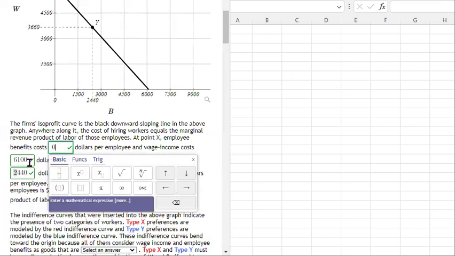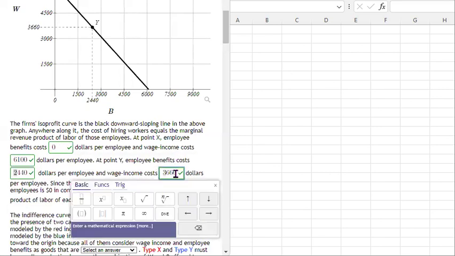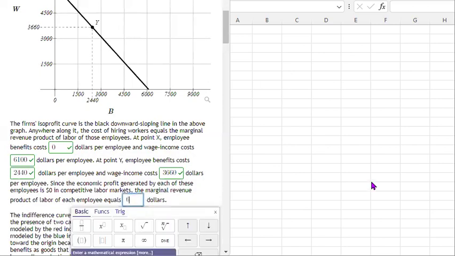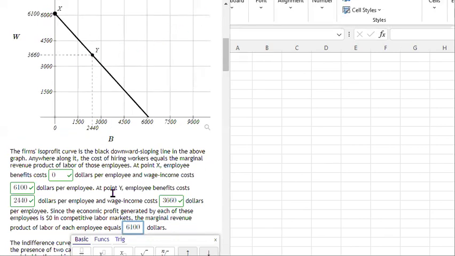So this pair equals 6,100, and this pair equals 6,100. So since the economic profit generated by each of these employees, whether it's a type X employee or a type Y employee, each employee's marginal revenue product of labor equals $6,100 per month.